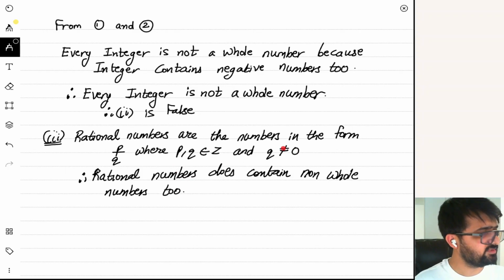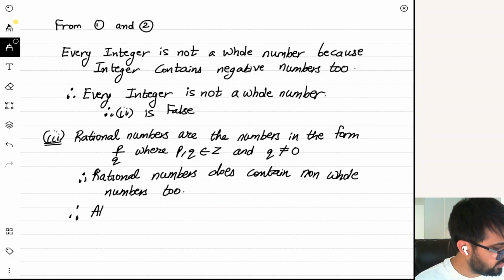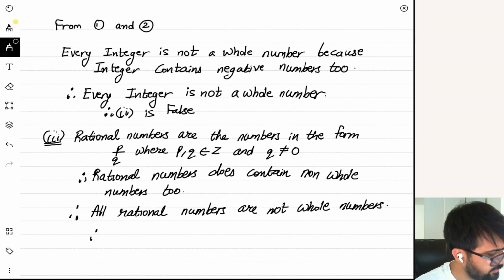Since rational numbers are the numbers in the form P over Q, that means rational numbers do contain numbers which are not whole numbers, of course, because whole numbers are just 0, 1, 2, 3, 4, and so on. But rational numbers do contain many numbers outside of that set as well. So we can say not all rational numbers are whole numbers. I hope that makes sense. We can say statement number three is false.